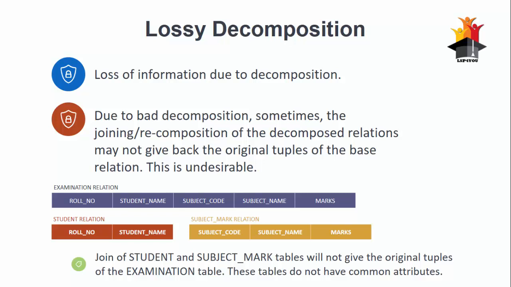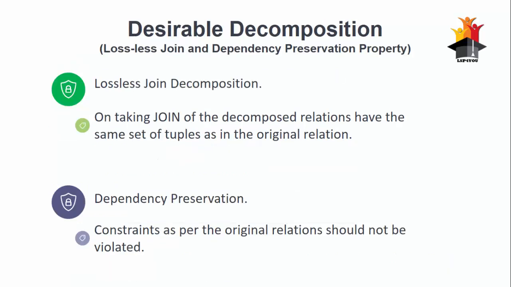In this case, when we join student and subject mark, because these two relations do not have a common attribute, we won't get the original tuples of the base relation. Moreover, the joining process produces spurious tuples, and this is undesirable. The lossless join and dependency preservation properties give the desirable decomposition.